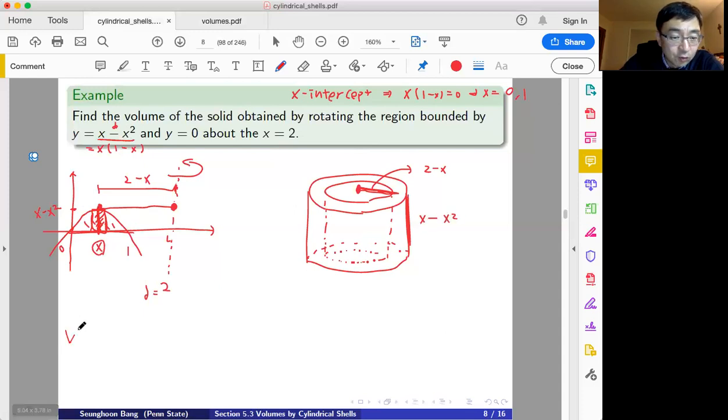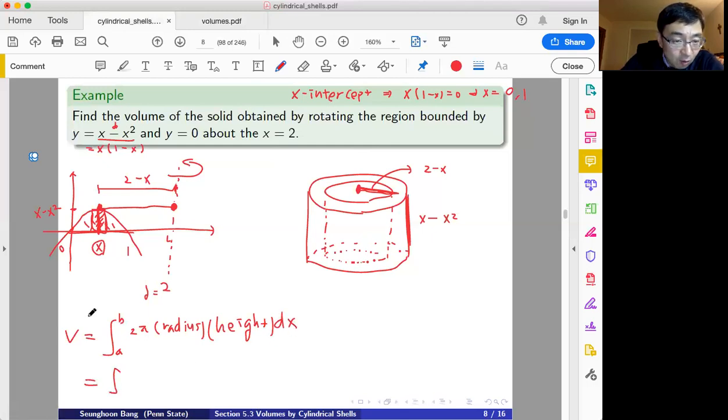What about the volume? You can use the formula. Integral from a to b of 2 pi times radius times height dx.